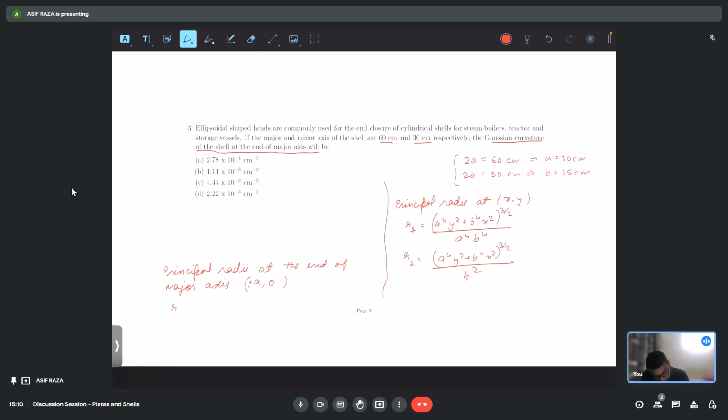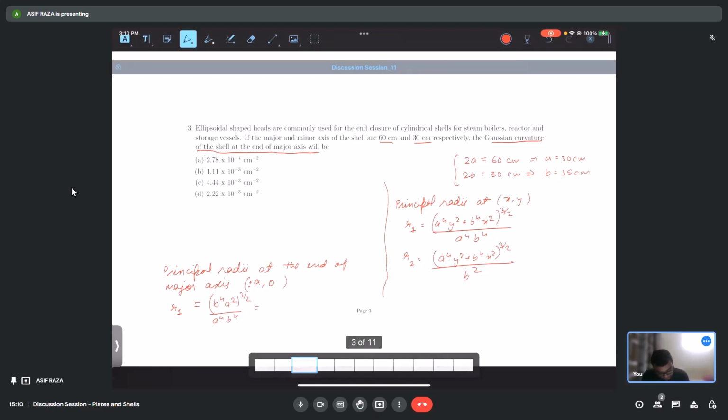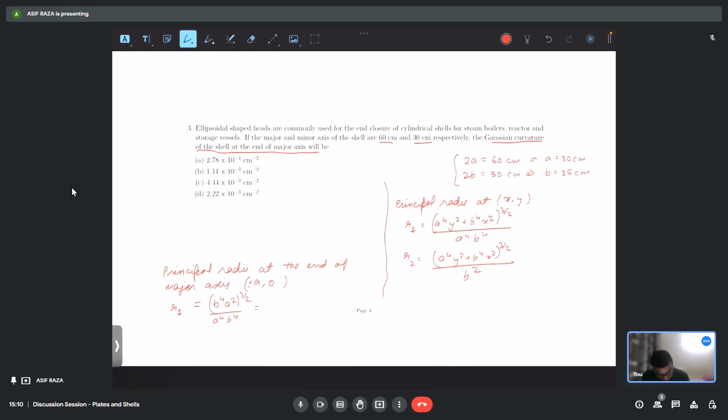So r1 would be, x is plus minus a and y is 0, so this gives me b to the power 4 a square to the power 3 by 2 on a to the power 4 b to the power 4, which is b to the power 6 a cubed upon a to the power 4 b to the power 4, so b square by a.